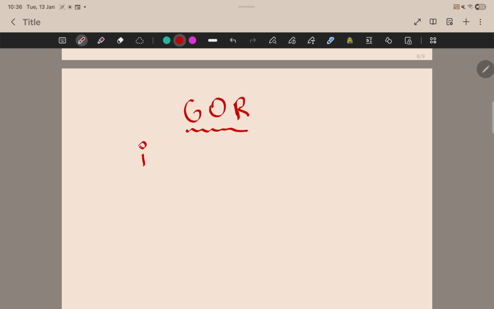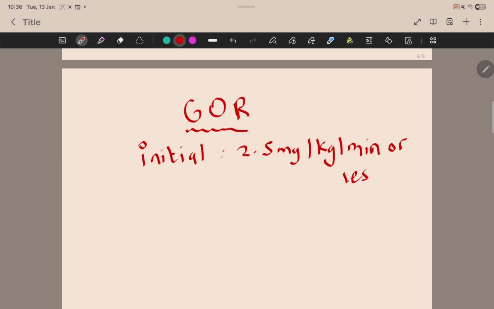So initially when we start feeding, we want to keep the rate at 2.5 milligrams per kilogram per minute or less than that. That's also fine. We don't want to exceed this. So let's put in the appropriate sign.